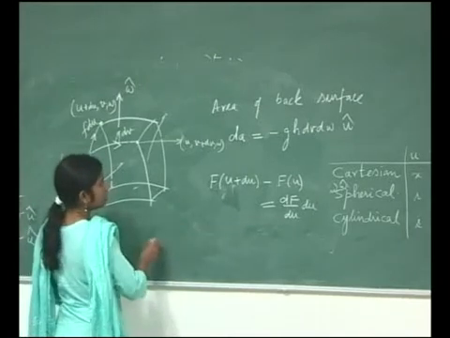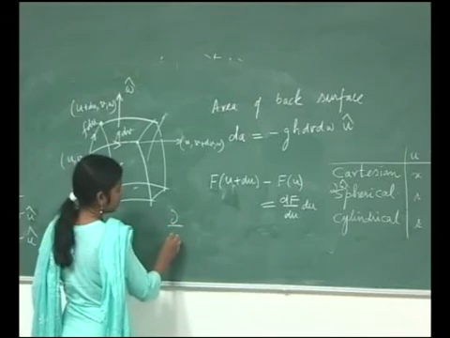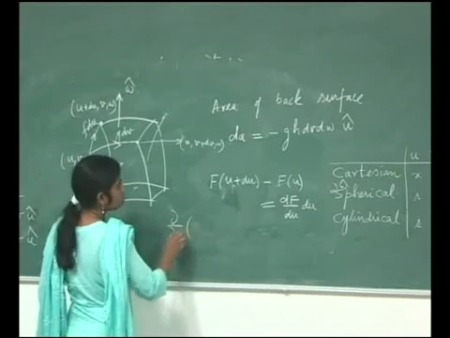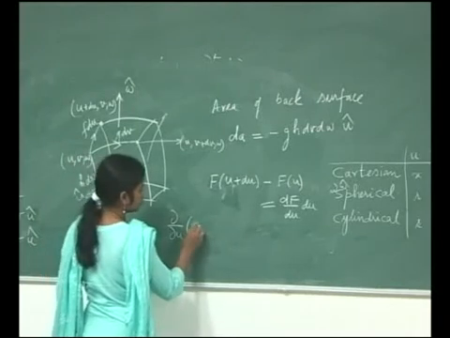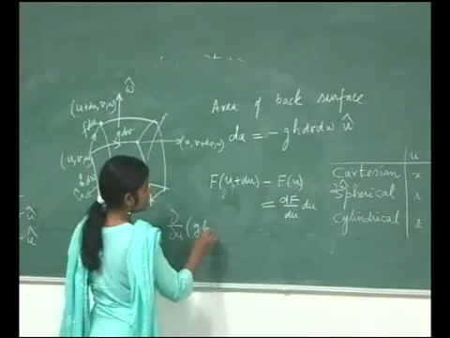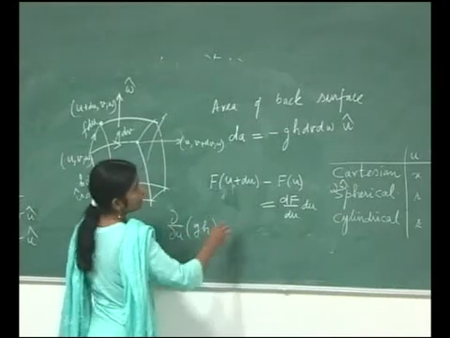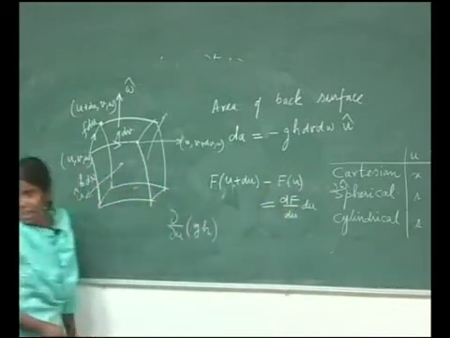I will write down here, so that will be equal to del by del u of gh into, now I have du. Du is f du.